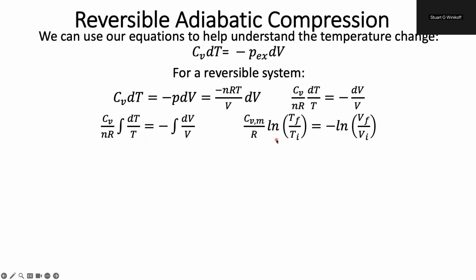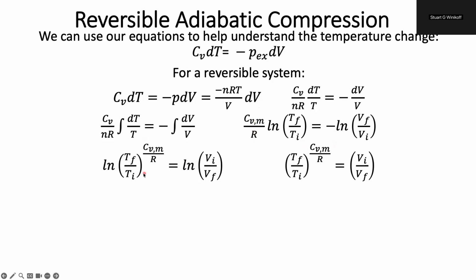So now we've got something a little bit different than we saw with Charles's law, where instead of a direct relationship between volume and temperature, we now have this odd log-log relationship. Now we've got to rearrange this to make a little bit more sense of it. And for that, we can use some of our log laws. So the first one is I need to remove these prefactors.